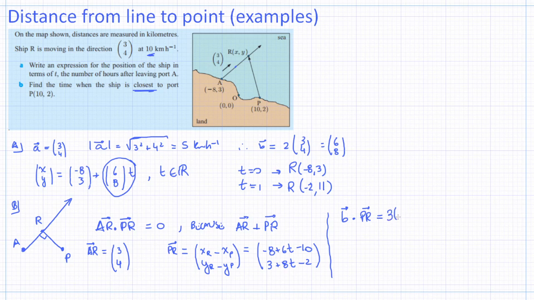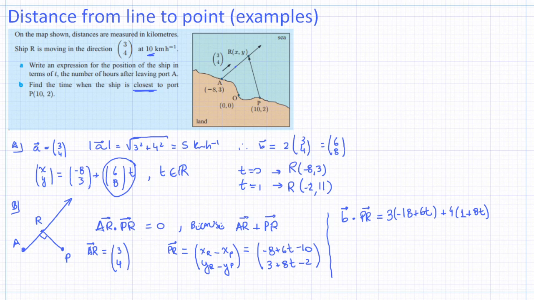So 3 times negative 8 plus 6t, let's just work those numbers out here before. So negative 24 plus 18t, right? Plus 3 plus 8t, 3 minus 2, that's 1, so 1 plus 8t, and that's multiplied by 4.